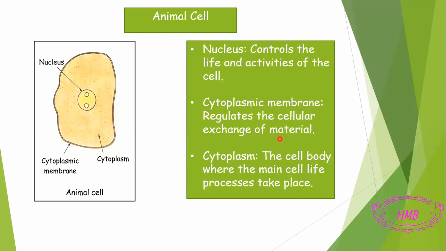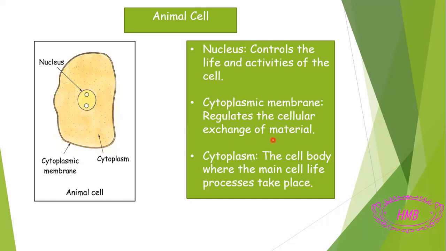So in order to stay alive, they need oxygen and nutrients. For the oxygen and the nutrients to go inside the cell, we must have a part that looks like a door that will open to let them in. This door, we call it the cytoplasmic membrane. That's why we say it regulates the cellular exchange of material.